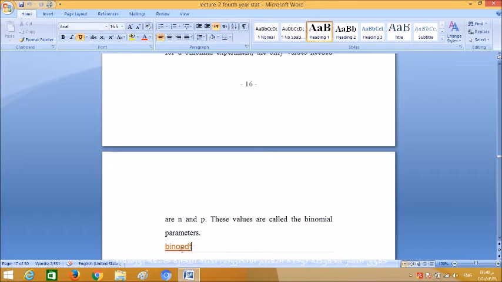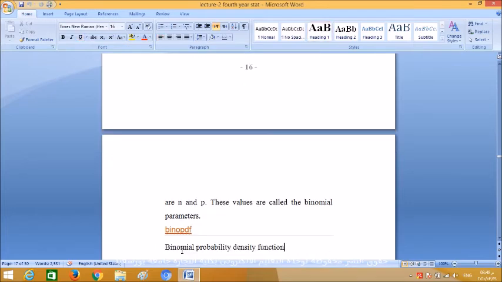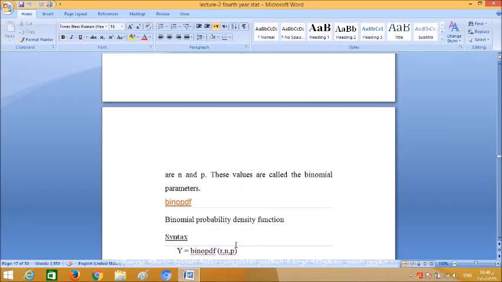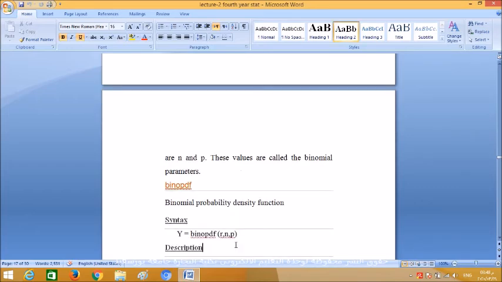So binopdf is the binomial probability density function. And the syntax is y equals binopdf(R, N, P).